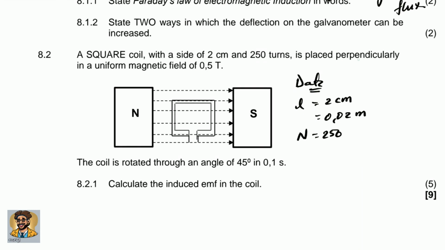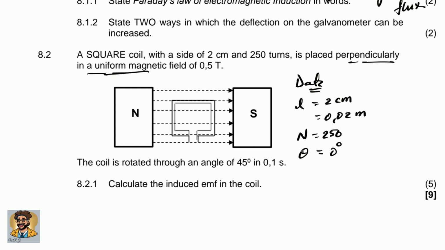When they say it's placed perpendicularly to the uniform magnetic field, that means the angle is equal to 0 degrees, because perpendicular to the magnetic field means it's 0 to the normal of the magnetic field. That angle could be tricky, guys.